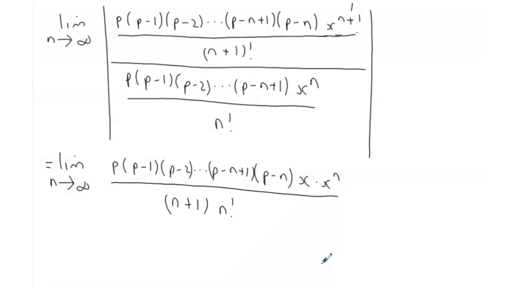Okay, and if we're dividing by a fraction, we can multiply by its reciprocal. So on the top, we're just going to have n factorial. And on the bottom, we've got all of this p minus 1, p minus 2, p minus n plus 1, and you've got x to the n.